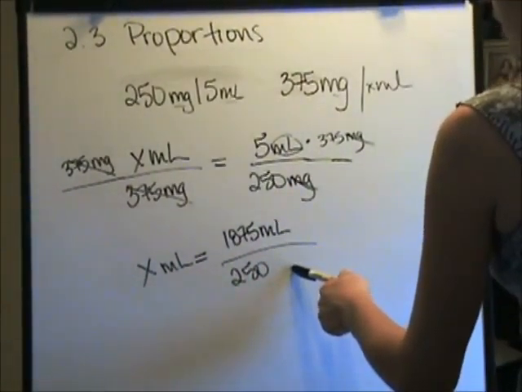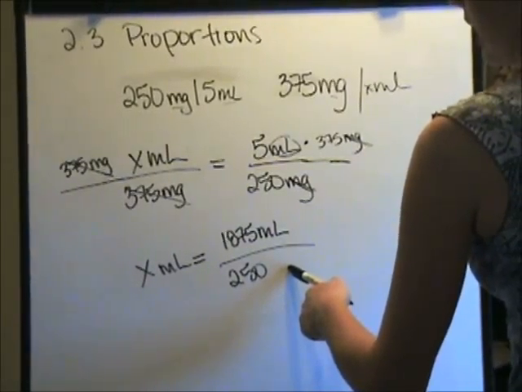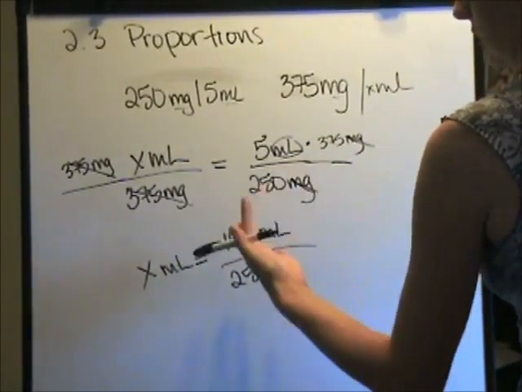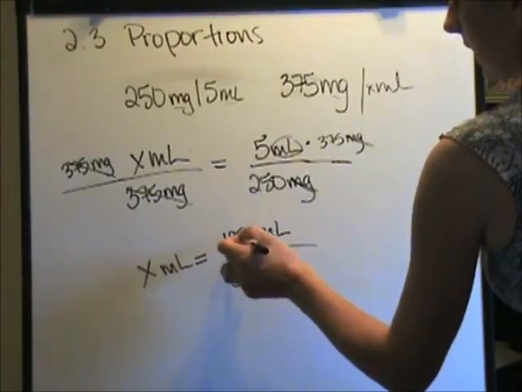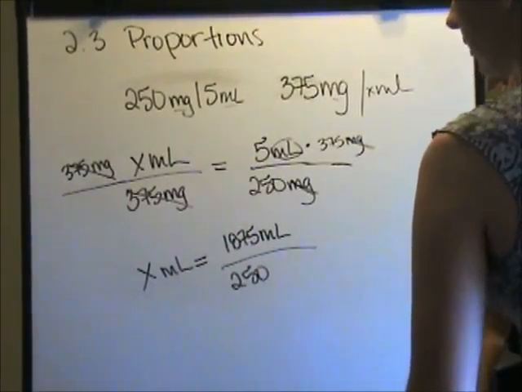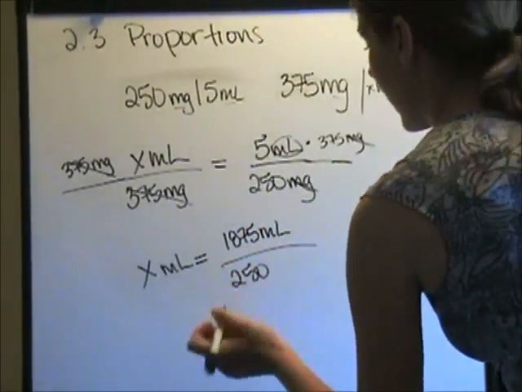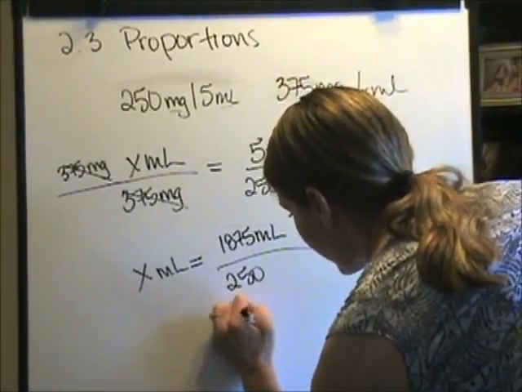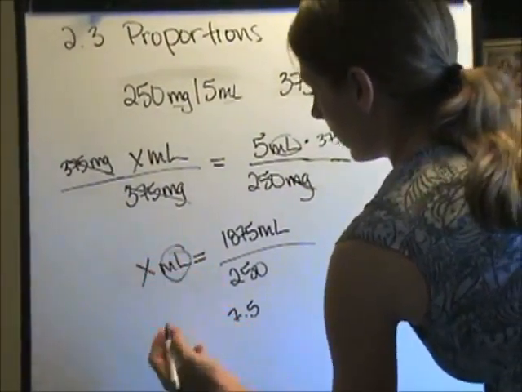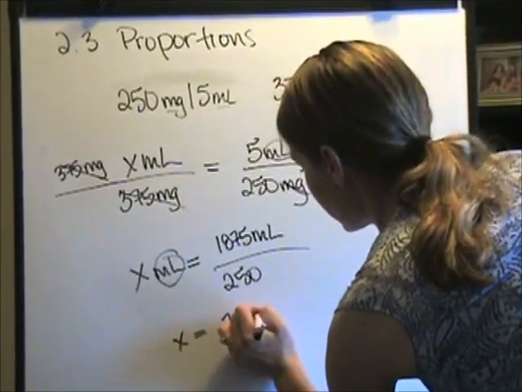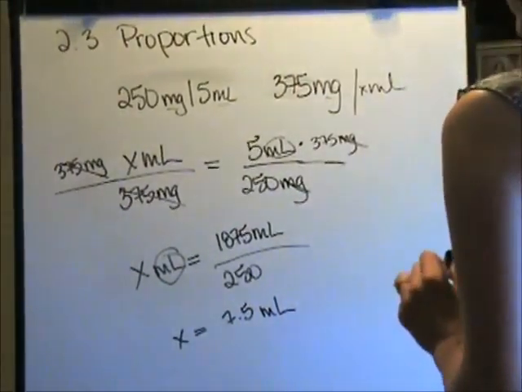Right now we have an improper fraction. We want to reduce that by taking 1875 and dividing it by 250. That comes out to 7.5. Therefore, X equals 7.5 milliliters.